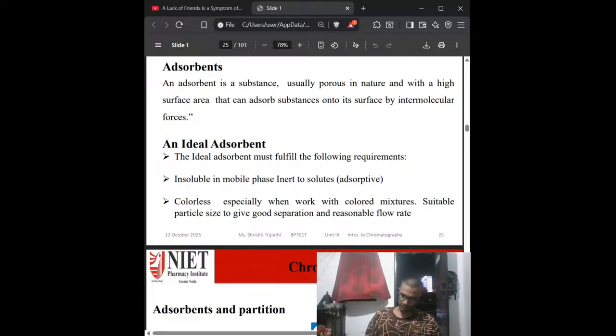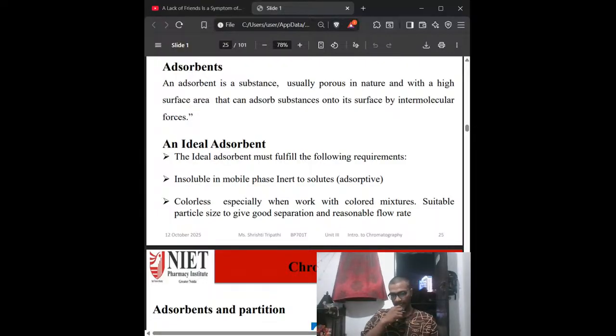An ideal adsorbent provides a good, fine enough particle size, which provides a reasonable flow rate.